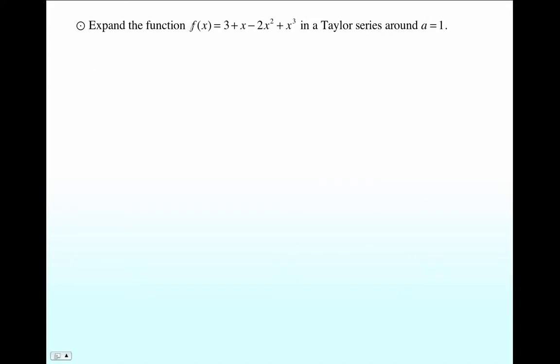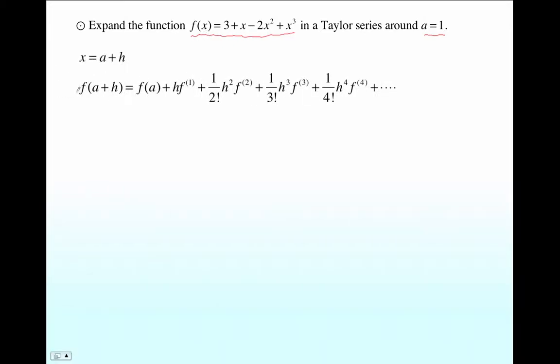To understand better, let's apply what we've just discussed to this function, which is a polynomial, and make instead a Taylor polynomial centered around a equal to 1. So in other words, we want to expand this function about a equal to 1. We've already discussed that. So if we take f of a plus h, that's the value of the function at 1, and then we need the first and the second and the third derivatives and so forth.